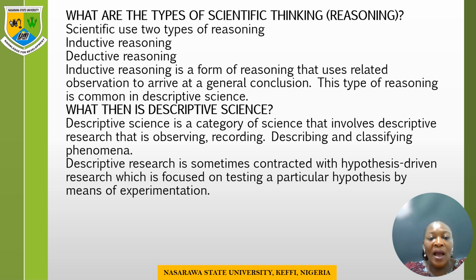And then that is where we use descriptive sciences. Descriptive sciences itself is a category of science that involves descriptive research, that is observing, recording, describing, and classifying phenomena. Descriptive research is contrasted with hypothesis-driven research, which is focused on testing a particular hypothesis by means of experimentation.